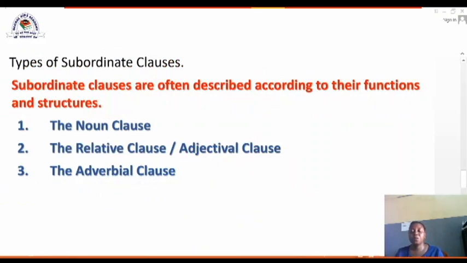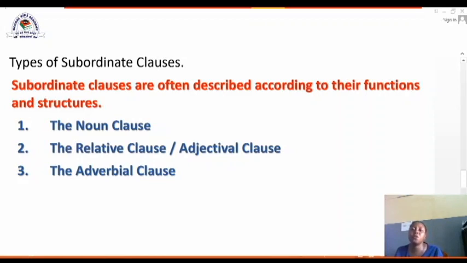Now, it is important that we look at these types of subordinate clauses and identify them in sentences. We need to understand what types of subordinate clauses we have and then identify them in sentences. Subordinate clauses are often described according to their functions and structures. It simply means that we identify them according to their functions in sentences and also using the structure. For the structure, we will look at the forms of these subordinate clauses.